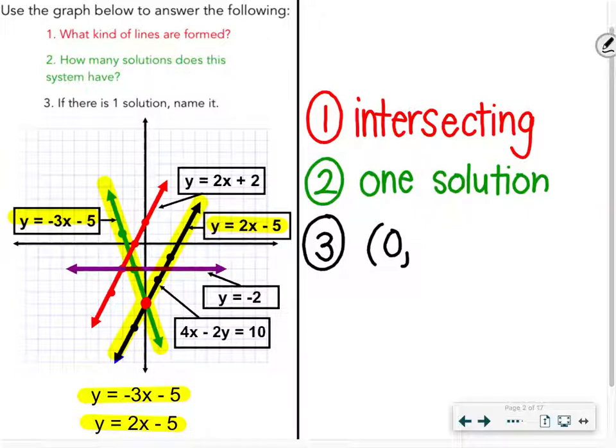Oh, excuse me, not 3. 1, 2, 3, 4, 5. I was looking at the wrong line. So 0, negative 5. These lines cross, so they're intersecting. They cross once, so it's one solution. Where they cross is the ordered pair 0, negative 5.